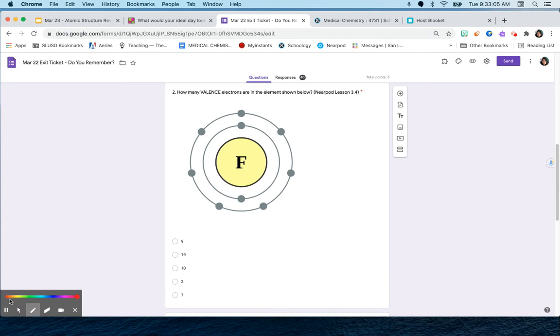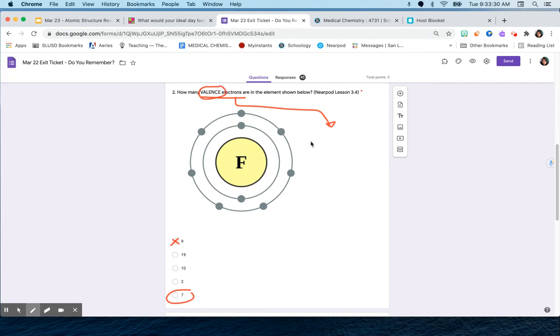For question number 2, the question asks how many valence electrons are in the elements shown below. A lot of people incorrectly selected 9. The correct answer is actually 7, and here's why. The key word here is valence.